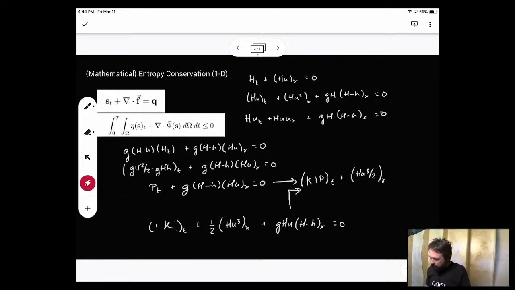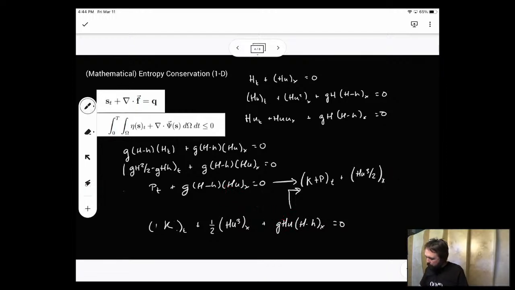And now if I were to look at this term here and this term here, one coming from the kinetic energy equation, one coming from the potential energy equation, I've got g free surface height multiplied by volume flux gradient. I've got g times the volume flux gradient multiplied by the free surface height gradient. So I've got a product rule that I can apply between these two.